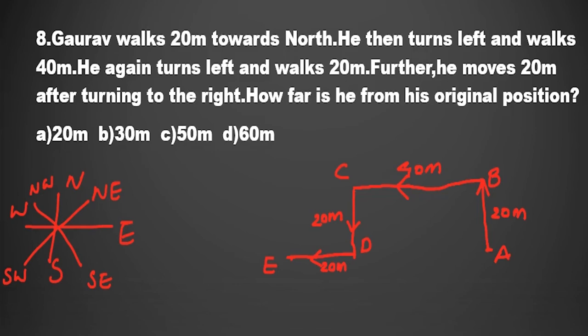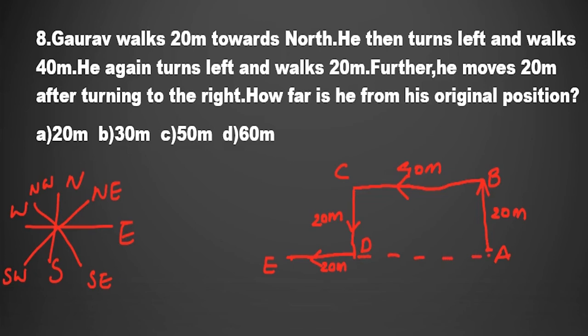We have to find out how far he is from his original position. His final position is point E and the initial point is A, and we have to find out the distance between the initial point and the final point.